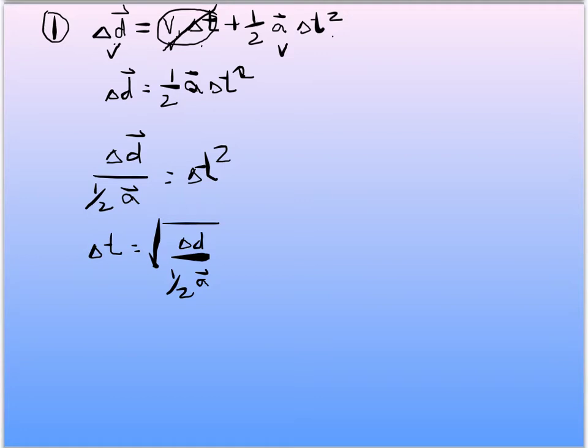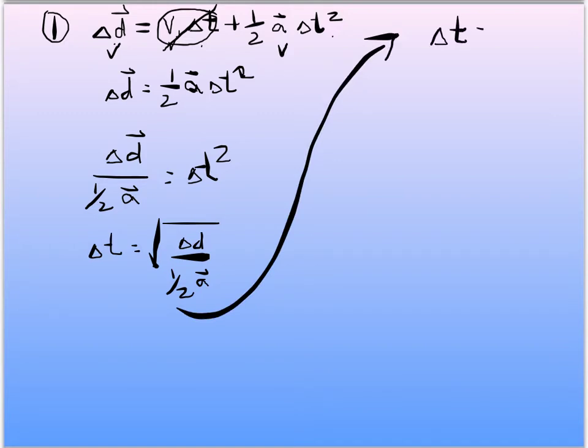All right, here we'll substitute in our values. Delta T equals the root of 0.6 meters over a half times acceleration due to gravity, so it's 9.8 meters per second squared.